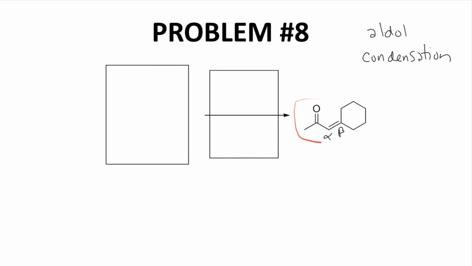Our ketone includes our alpha carbon plus the carbonyl, the ketone in the product. So that's easy enough. There's our ketone with its alpha carbon. And we know that our beta carbon is formerly a ketone in the reaction. So that's going to be a cyclohexanone.